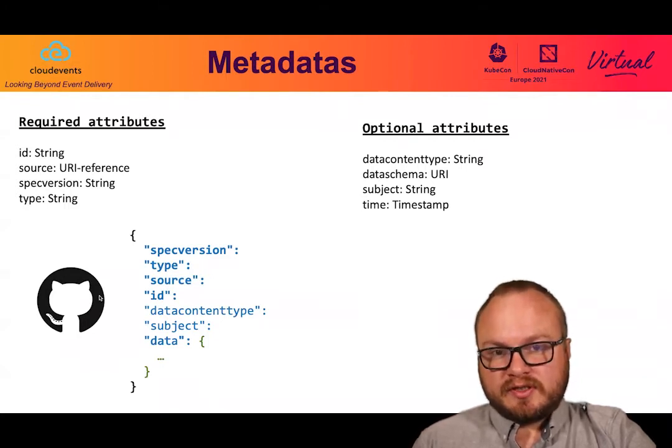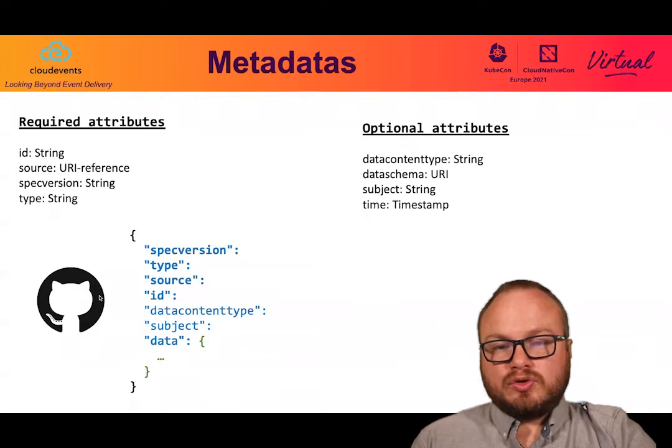But if there are several producers, as the source plus ID must be unique, that means they need a way to ensure the ID is unique between them. The spec version, without the patch version, and the type of the event are the other 2 required attributes.